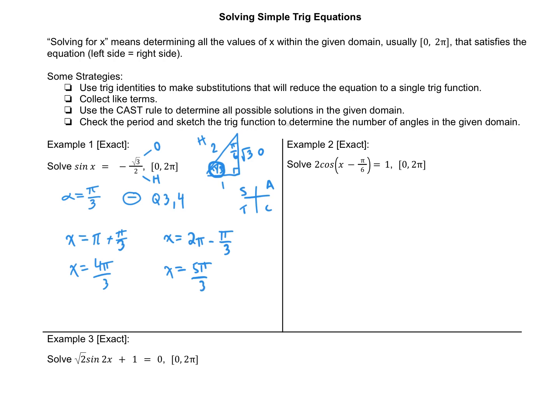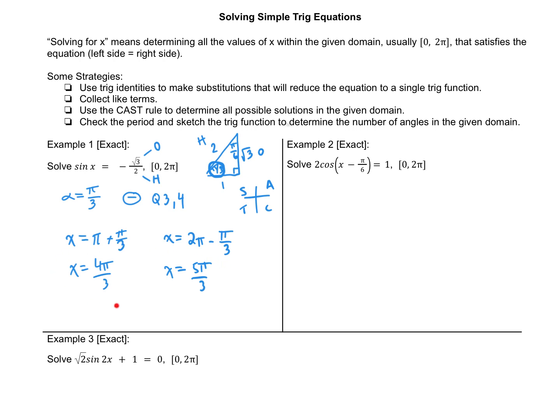Both of these angles fit within that domain of 0 to 2 pi. Now, something that we do have to consider, but not so much in this case, would be what the period of the initial function is. So when I look at sine x, well, there is no horizontal compression or stretch because the k value is 1, which means the period would just be 2 pi.